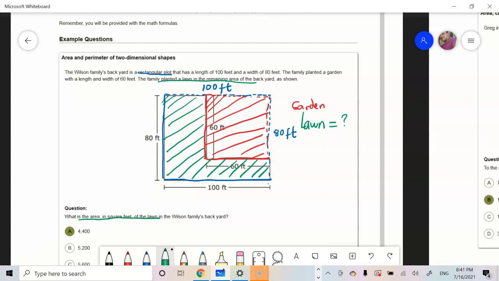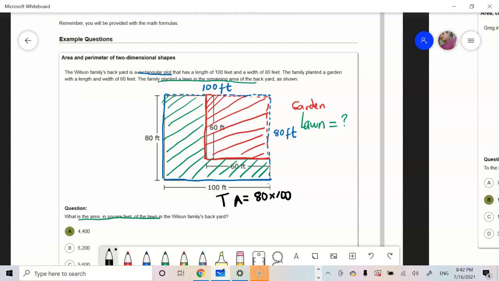So now, we see that the whole plot has a total area, okay? So let's write an equation, okay? So we have the total area is equal to 80 by 100 because that's the whole rectangle that we have here, right?